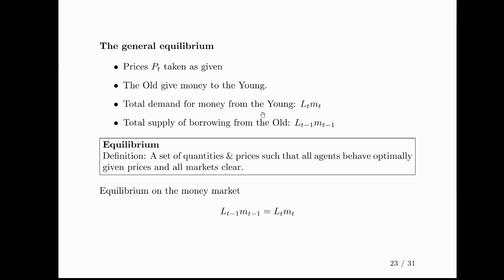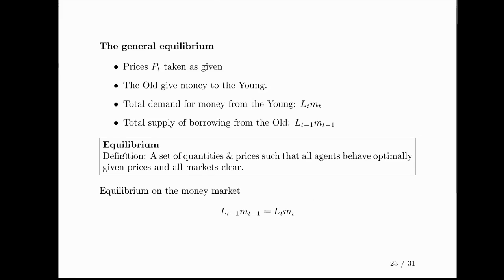Obviously that's a market, and they exchange this by exchanging goods for it. The equation on the money market is that L_t-1 M_t-1 has to equal L_t M_t. So if the money market clears, then the total supply of money from the old generation has to equal the total demand for money from the young generation.